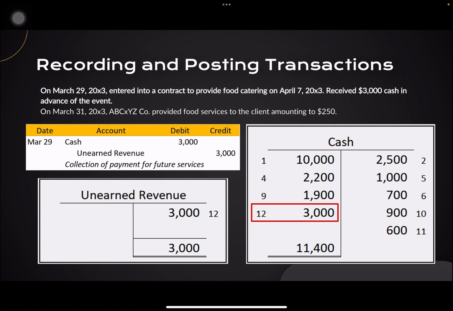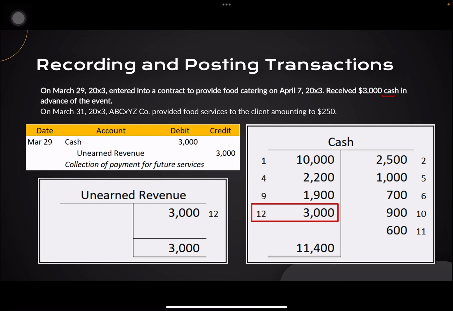Reading through it, it seems like first we received cash in advance of the event. So when we receive cash, what is the effect on our asset account? Of course, our asset account will increase because we received $3,000 cash. On the other hand, we have an obligation. We entered into a contract.